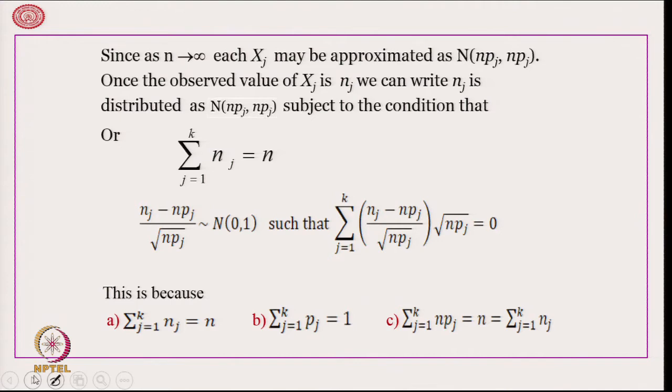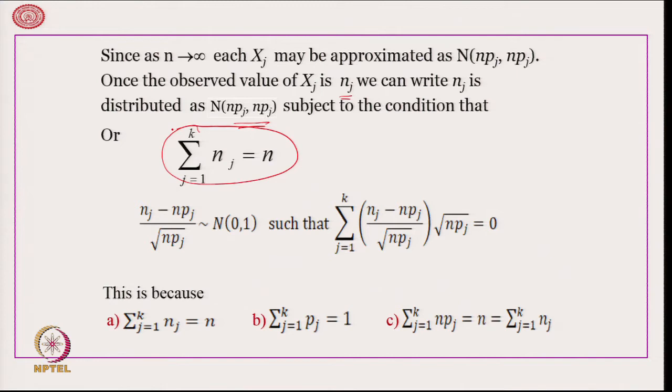Now, since n goes to infinity, each xj may be approximated as normal npj, npj, and therefore, once the observed value of xj is nj, we can write nj as distributed as normal npj, npj, subject to the condition that sigma nj is equal to n.